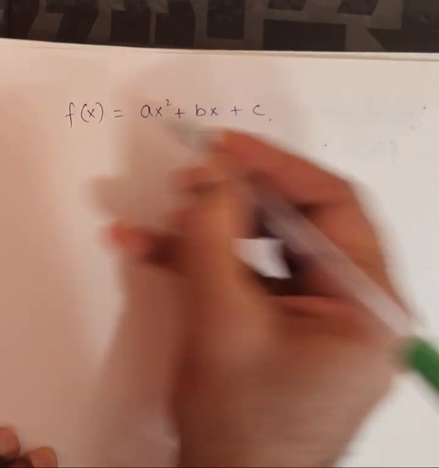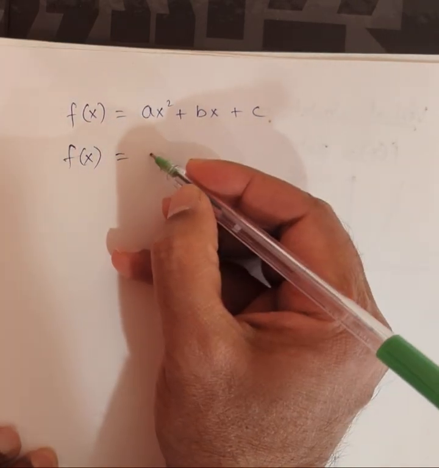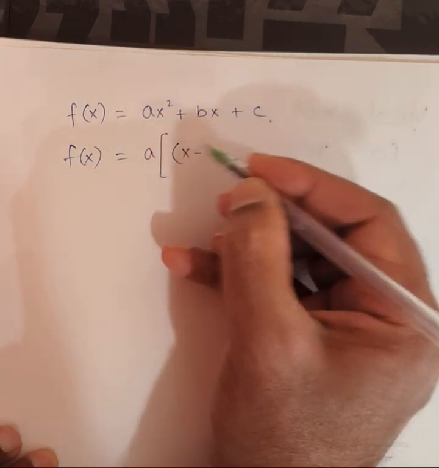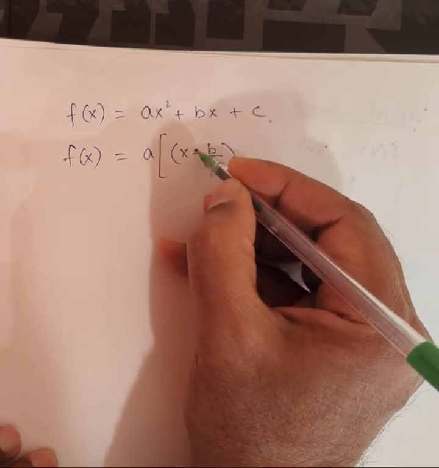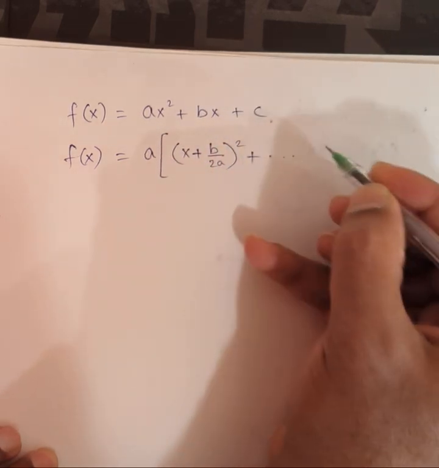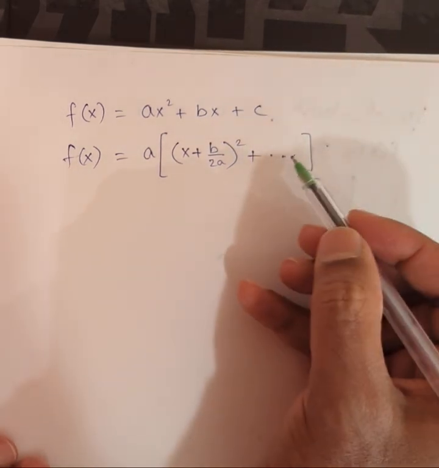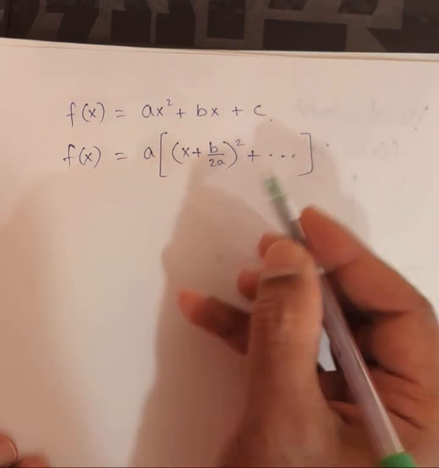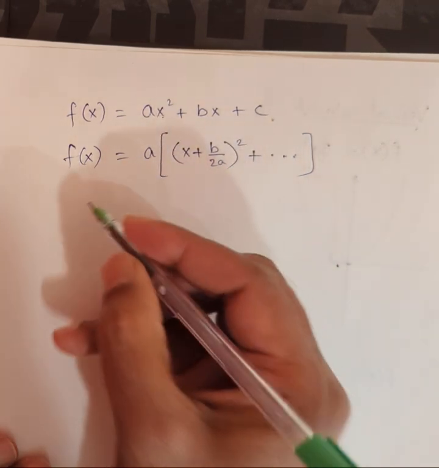This is what I started with, and then after a series of steps, I found out that I could write this as a times (x plus b over 2a) quantity squared, and then some combination of a, b, and c. So this is going to be some constant. And now this is in the vertex form. So we converted this standard form to vertex form.